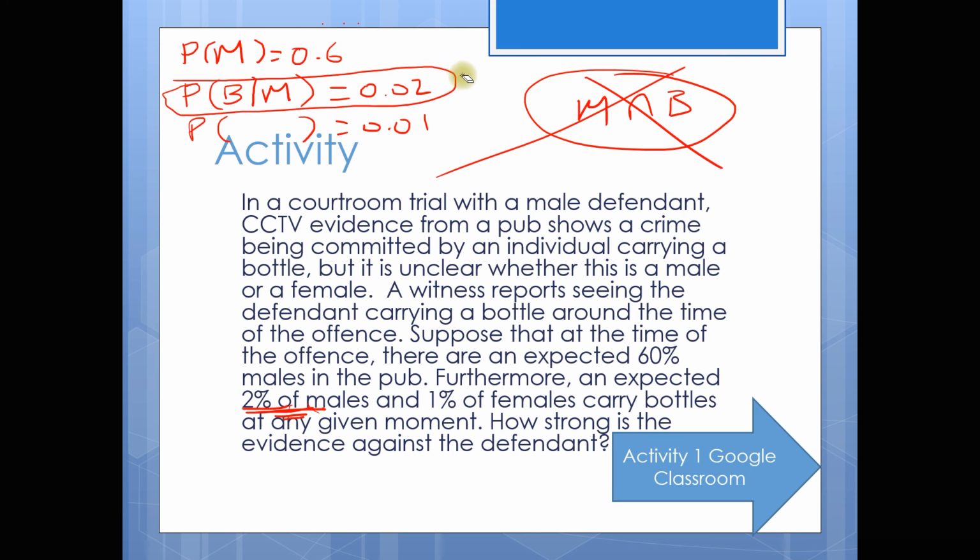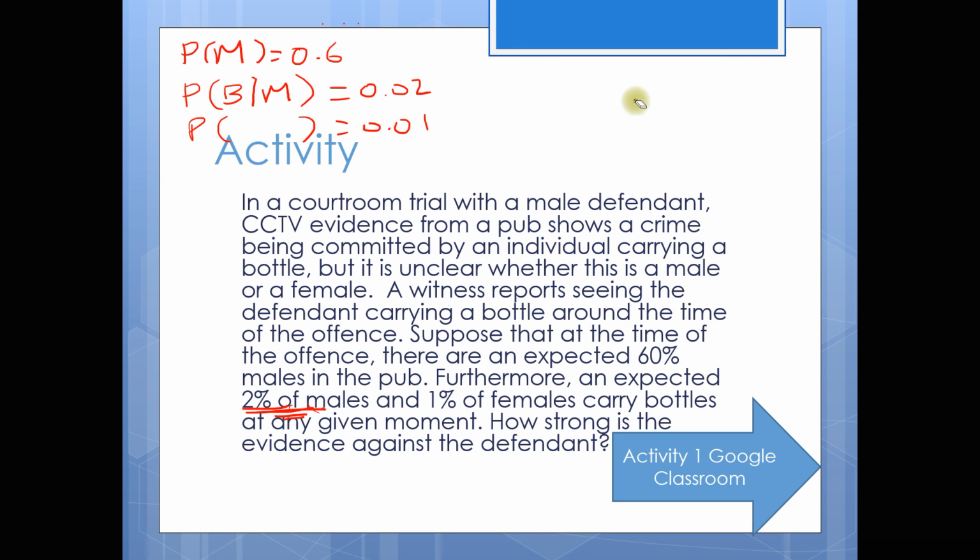You have to understand that it's very important that you write down these things properly. You get used to writing these down. If you do not write these down, you will still have misunderstanding when you interpret questions on probability.